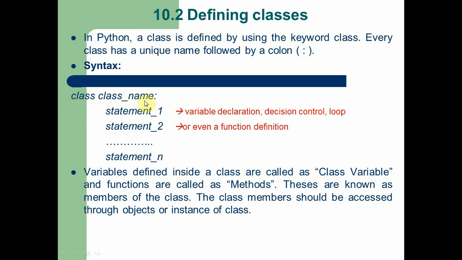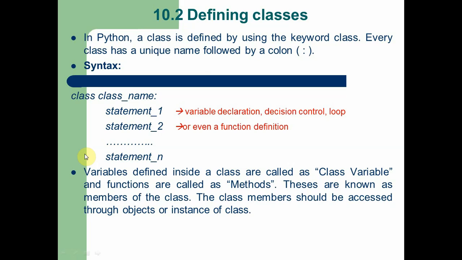After mentioning this line, by giving the tab space, all the statements which should be enclosed in that particular class should be given the tab space. If a statement should not be included in this class, then we can remove the tab space before that statement. So tabs play a very vital role in Python.